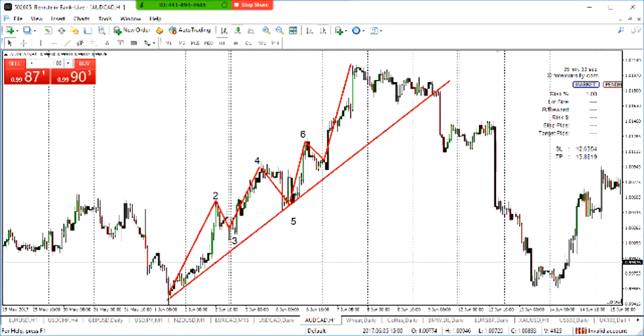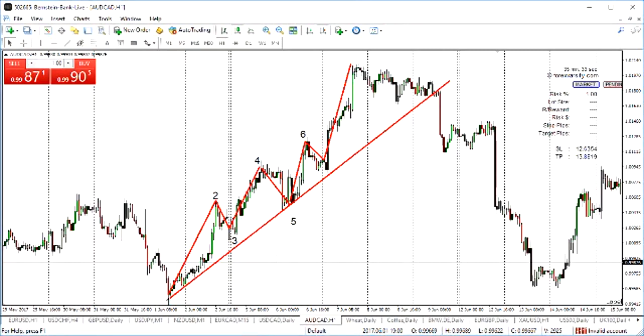Basically what I've done here is try to make you understand where to buy and where to exit in an uptrend. This is what I call phase one. Your phase one, I'm referring to as with trend. From point 1 to point 2, that's with your trend, because the trend is in our favor.